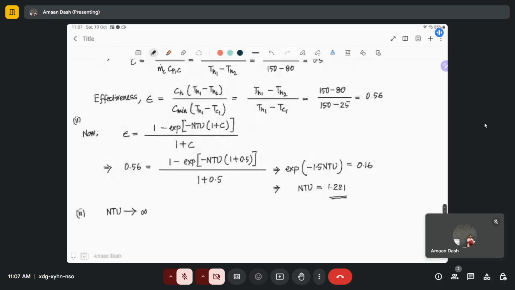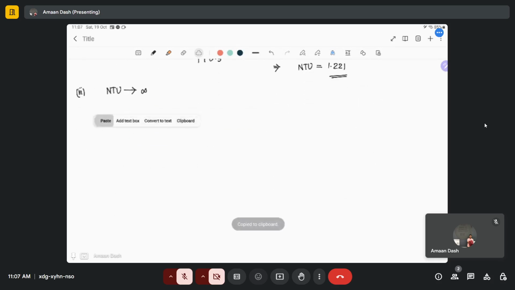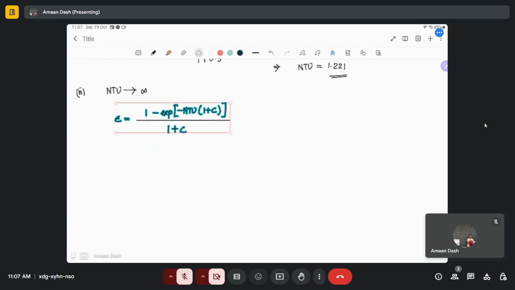So whatever expression you had previously, this NTU term will be infinity.